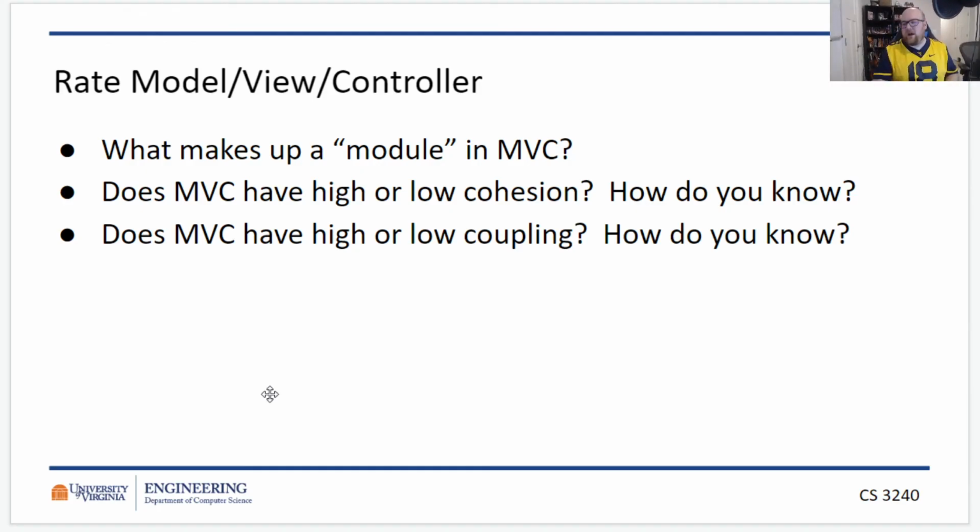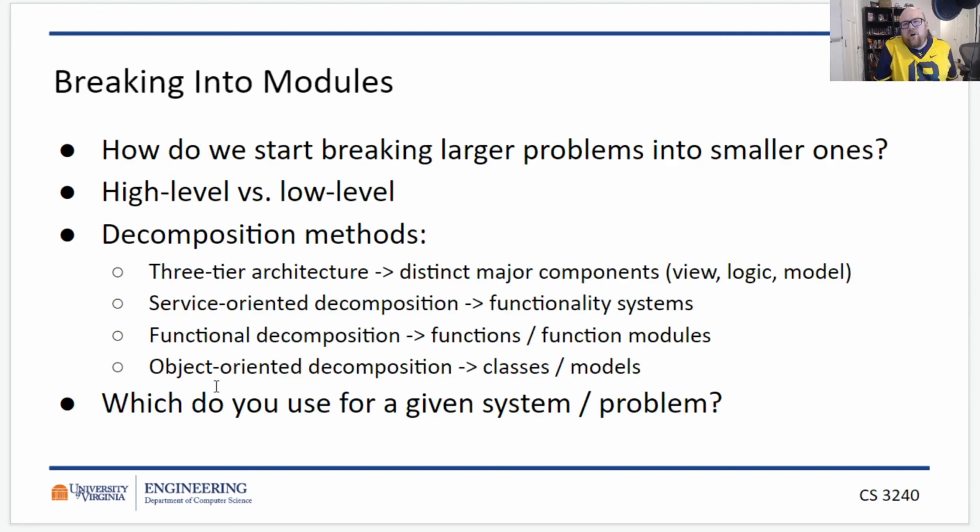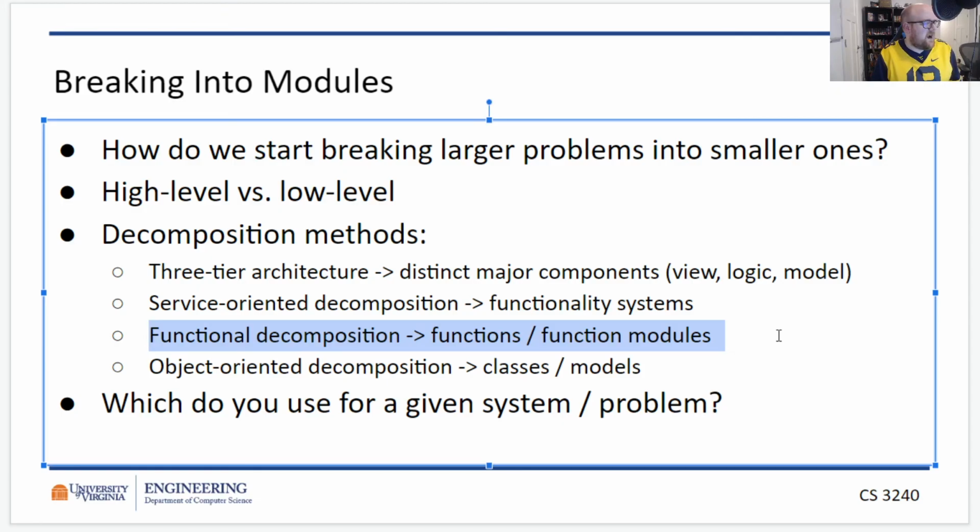Okay, all right. So now the video is unpaused. So what are we going to do? How do we actually break things into modules? Where are some practical examples? Well, we're going to do that next time. And we're going to start by first decomposing into different functions. We're going to take a task and break it down into functions. And that's going to be the functional decomposition.